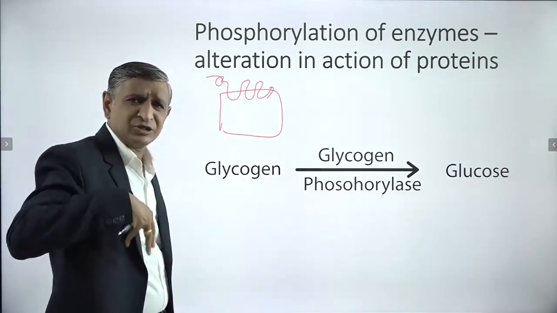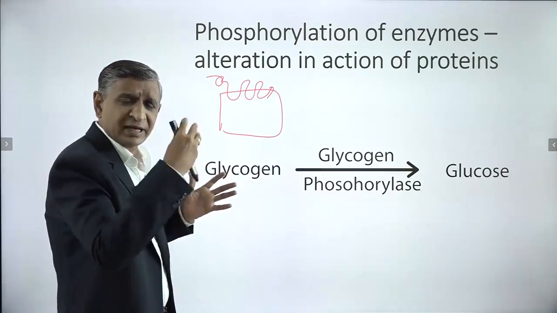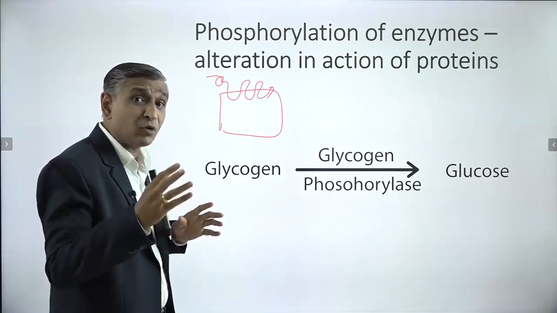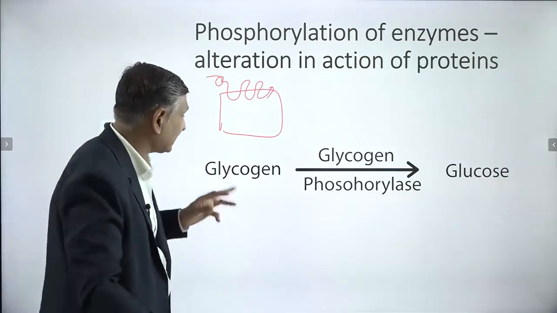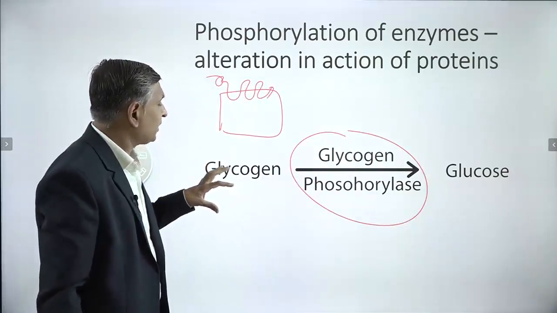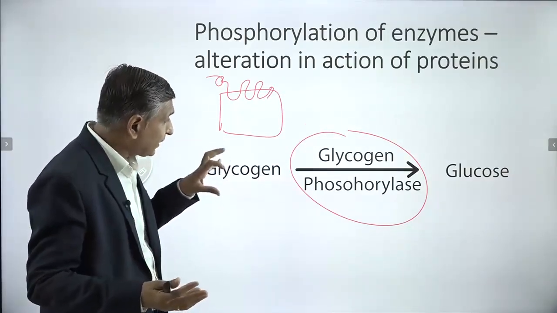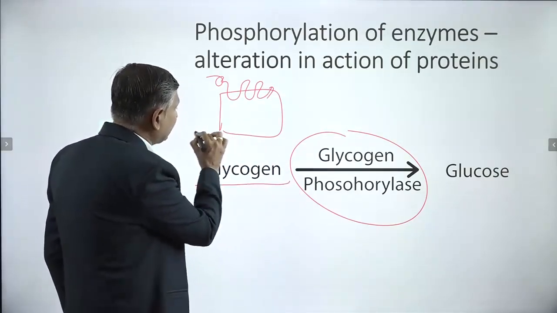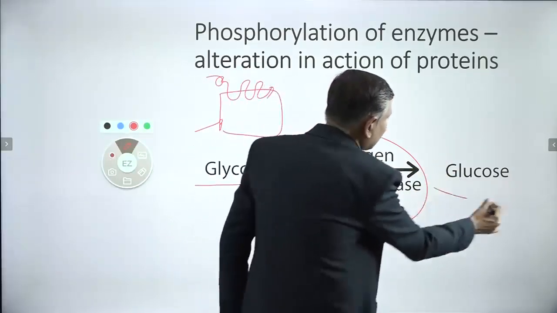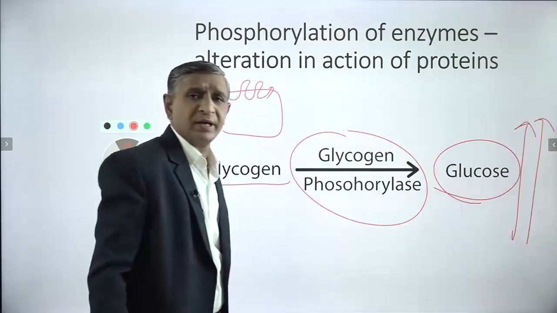The alpha subunit and the GTP will move to adenylyl cyclase, then conversion of ATP into cyclic AMP will happen, then it will stimulate protein kinase A, and protein kinase A will go for phosphorylation of the enzyme that is glycogen phosphorylase. This glycogen phosphorylase gets phosphorylated, activated, and because of that the glycogen in the hepatocyte is going to convert into glucose, and this is how the level of glucose in the blood is going to increase.